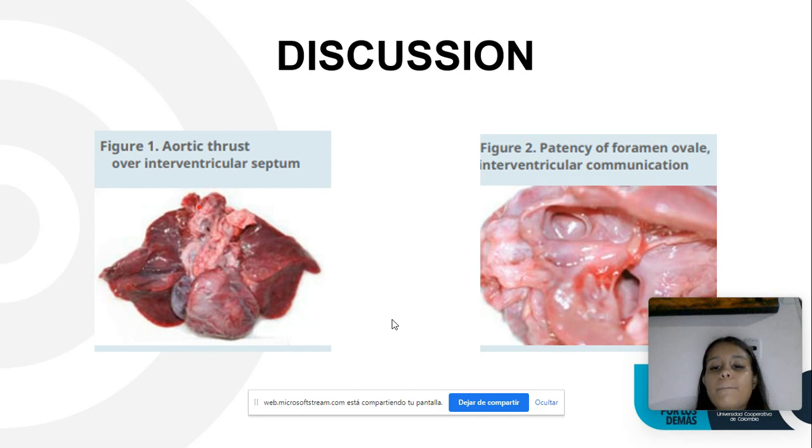By its name Tetralogy, we can understand that there are four anomalies. Number one, obstruction of blood flow out of the right ventricle, number two, large ventricular septal defect, number three, the aortic artery rides over the septum, and number four, hypertrophy of the right ventricle.